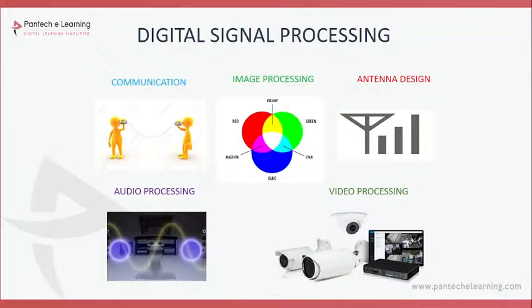Okay, a signal carries some information, right? It can also be defined as a physical quantity that varies with time, temperature, pressure, or any independent variable, such as a speech signal or video signal, anything.